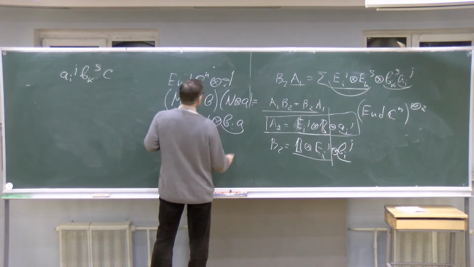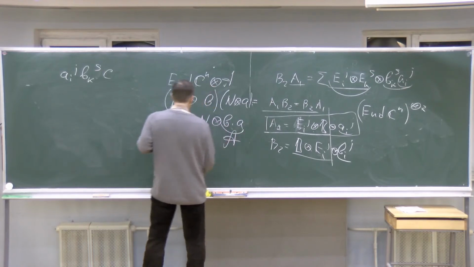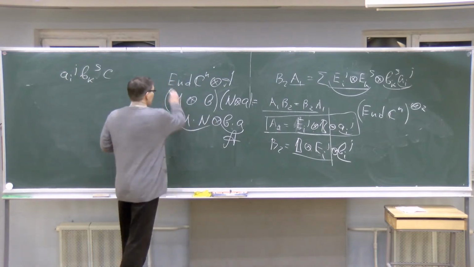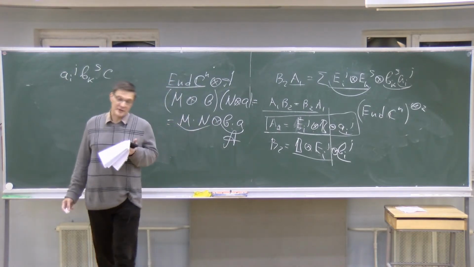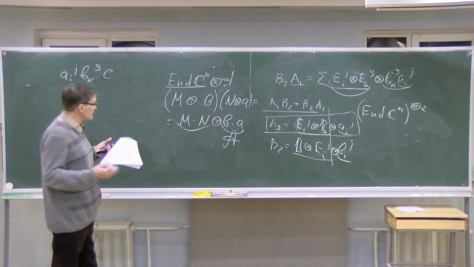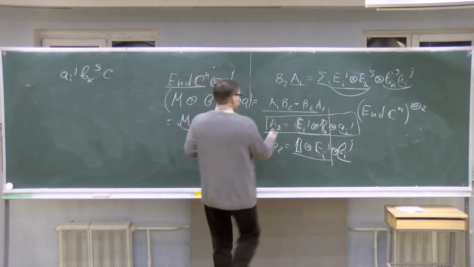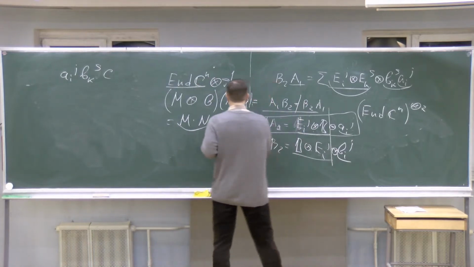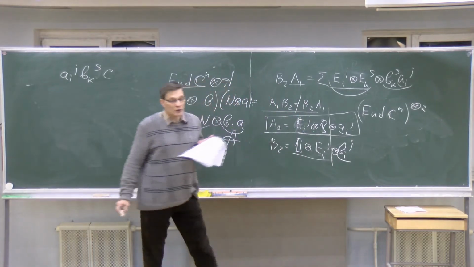Here is a product in my non-commutative algebra A, and here is a product in the algebra of endomorphisms. This is by definition. And if I take this definition, I'll immediately get this inequality if this product is non-commutative.